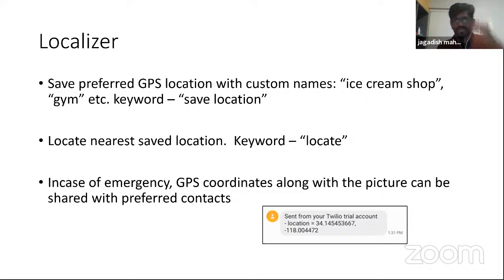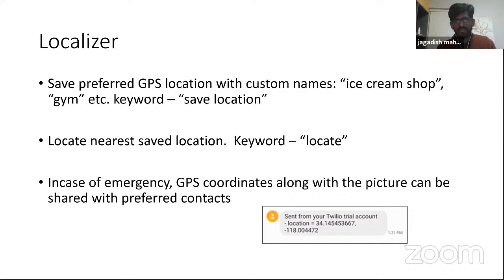So when it comes to localizer, the user can save the GPS coordinates of any location they prefer. This is something the existing maps don't provide. We wanted to have a feature that is different from the existing maps.